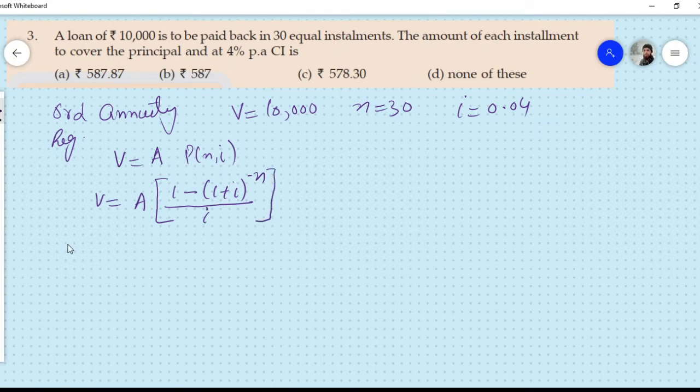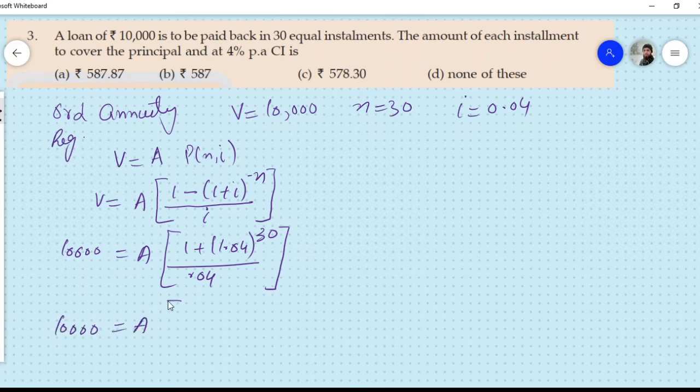This is equivalent to, where we will give the values, present value 10,000 is equal to A, which is to be found out, into 1 minus 1.04 power minus 30 divided by 0.04. Then after solving this, 10,000 is equal to A into 1 minus 1.04 power minus 30.